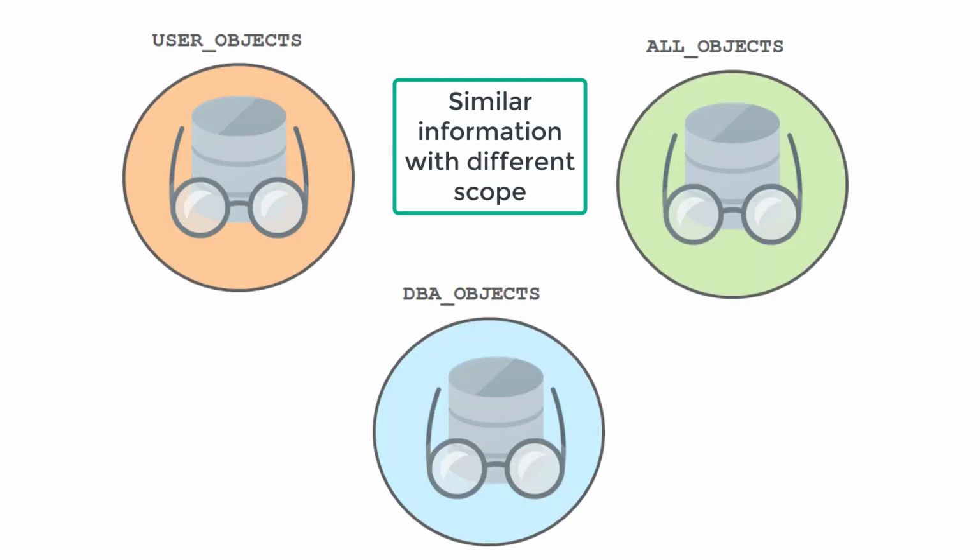In many cases, a set consists of three views containing similar information and distinguished from each other by their prefixes. For example, there is a view named user_objects, another named all_objects, and a third named dba_objects. These three views contain similar information about objects in the database except for the scope.